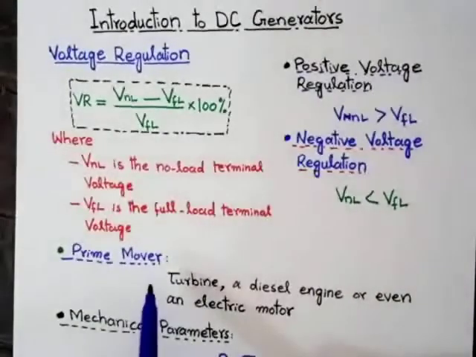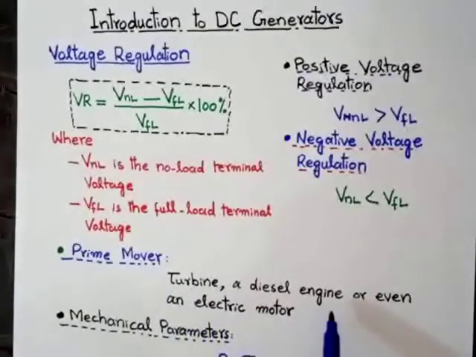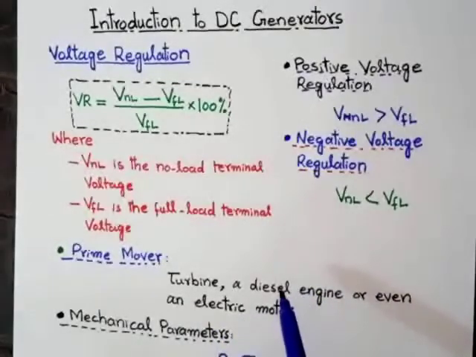A prime mover for a DC generator may be a steam turbine, a diesel engine, or even an electric motor, as you have seen in lab number 6 and 7. It means because, as we know, the output of an electric motor is the mechanical power and the input of the DC generator is the mechanical power.